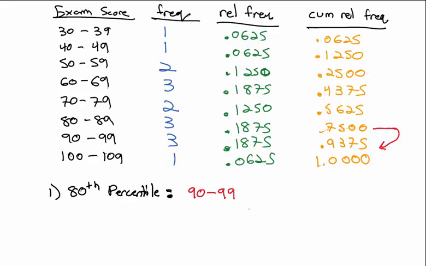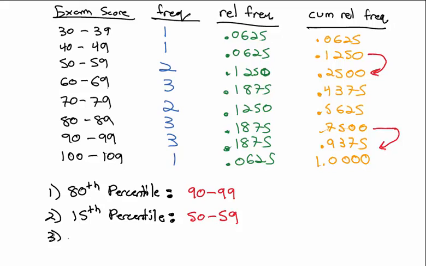So the 80th percentile is going to be in that category. If we wanted to find the 15th percentile, where do we pass 15%? Well, 12 was just shy, so we must pass it here at the 25%, so the 15th percentile is between 50 and 59.